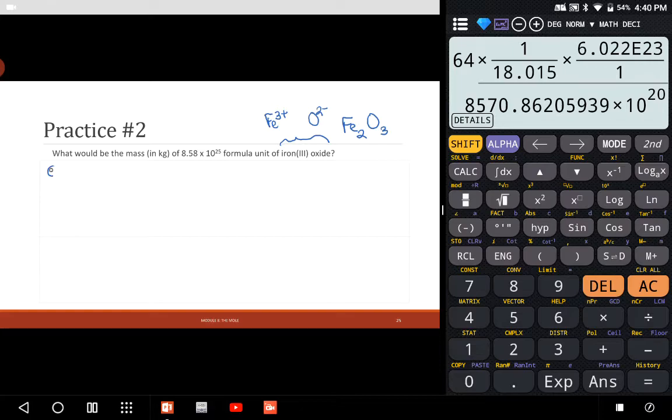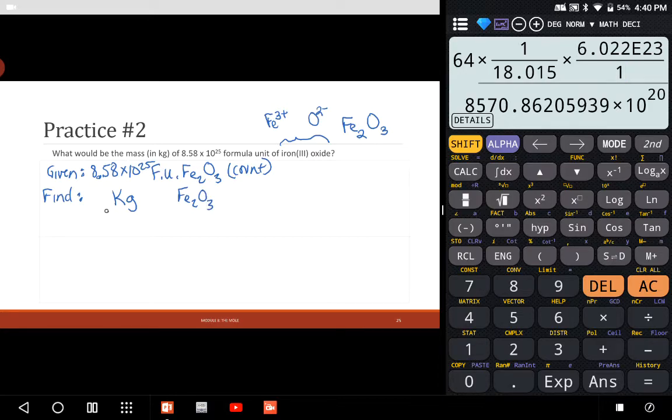So I am given 8.58 times 10 to the 25th power formula units of Fe2O3. That's a count. And I am being asked to find kilograms of Fe2O3.